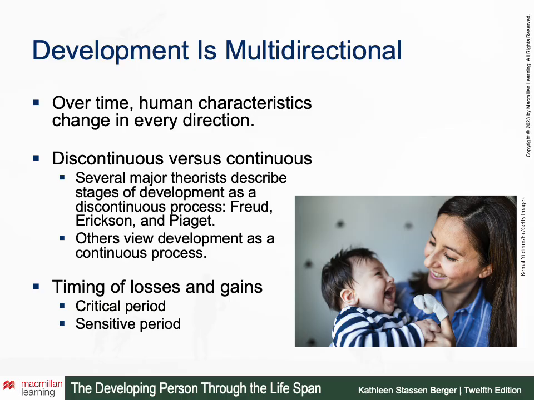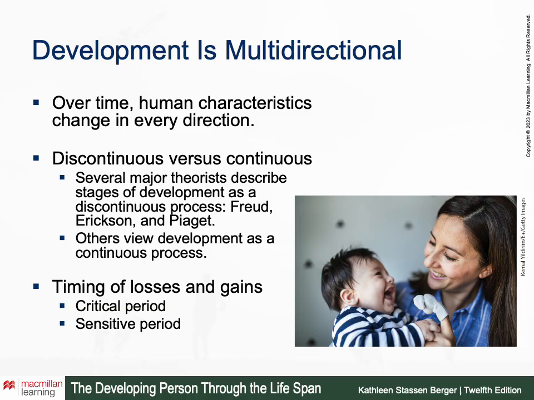You'll see here this timing of losses and gains, and then this critical period and sensitive period. So a critical period is when scientists consider some changes sudden and profound because of this critical period, and that's really a time when something must occur for normal development, or the only time when an abnormality might arise.